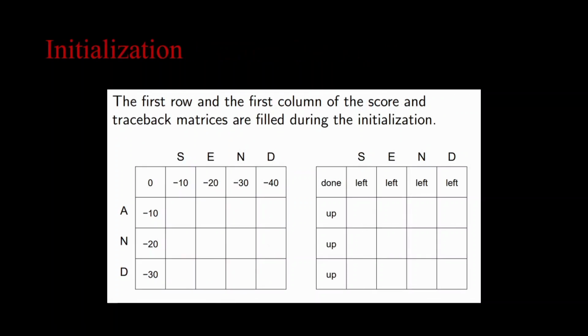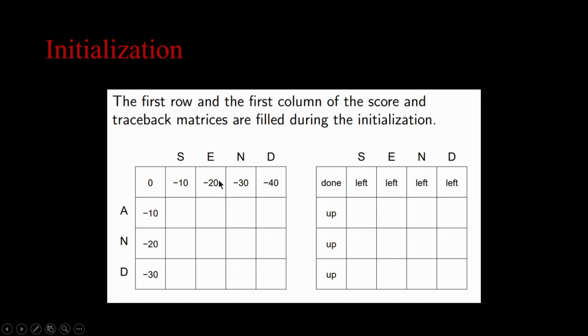Now, the first row and the first column of the score matrix and traceback matrices are filled during the initialization. Here in initialization, the first cell value will be 0, and for the side we add the gap value -10. So 0 plus -10 equals -10. For the next cell, previous cell value -10 plus gap value -10 equals -20.